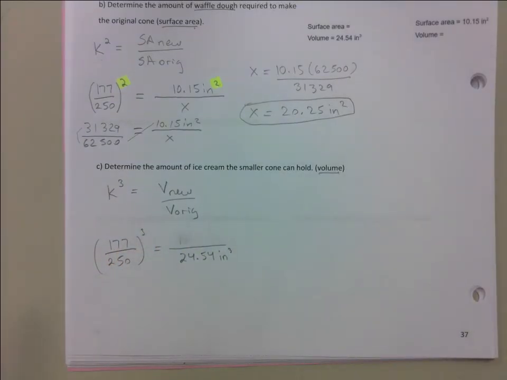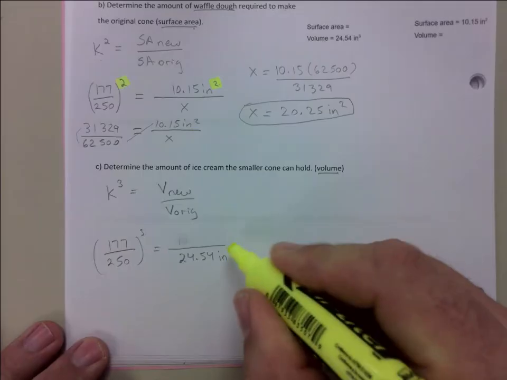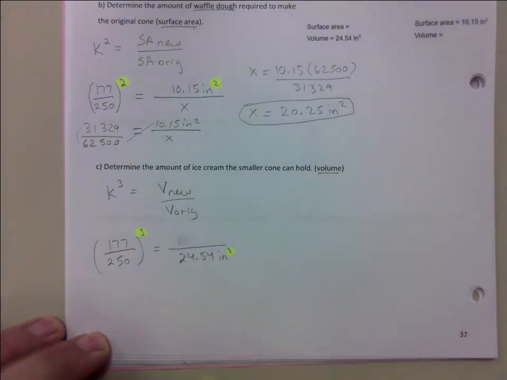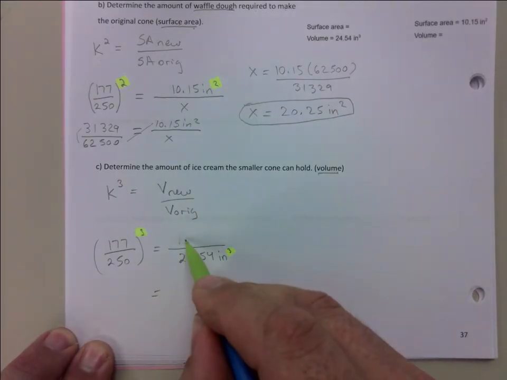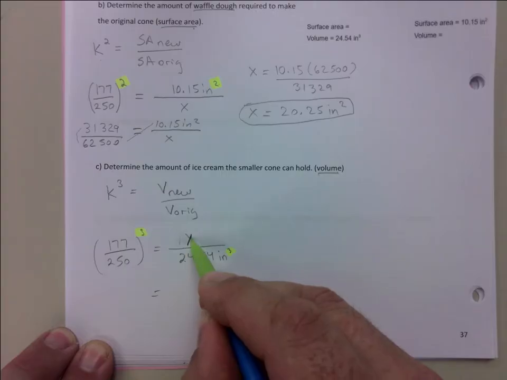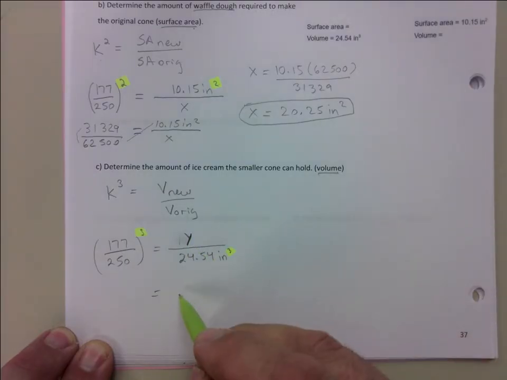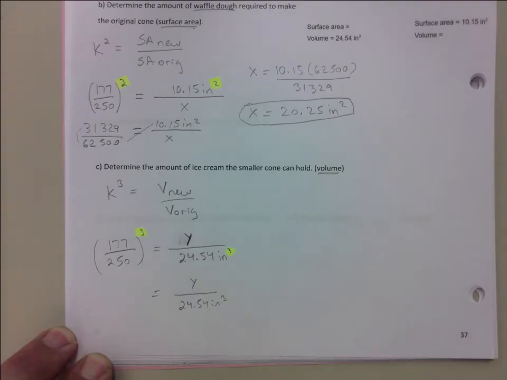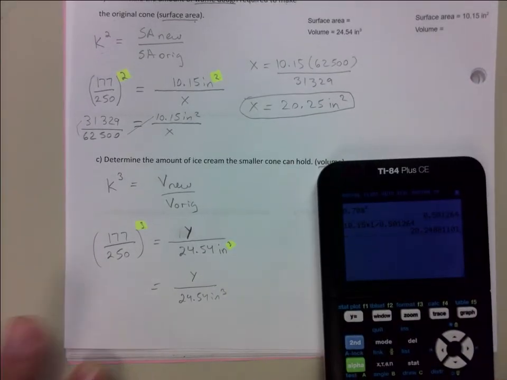Yes, it is. Okay, good. So this is where this calculator, I'm going to call this y. If you ask why, I'm going to say, well, why not, right? 24.54 cubic inches. Let's cube this thing.